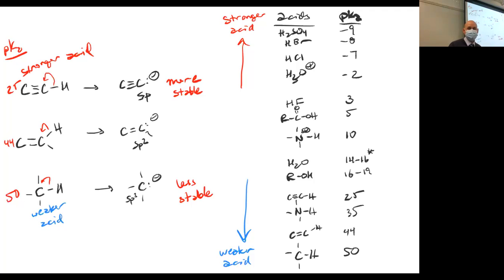We know that an amine is a stronger acid than the alkane, but we wouldn't know how to compare them to each other until we have these experimentally derived numbers. So it turns out that an alkyne is a stronger acid than an amine. In other words, a C minus at the end of a triple bond is more stable than an N minus. So those are 2 completely unrelated trends. We're comparing definitely apples to oranges here, but we have those numbers so we can use it.